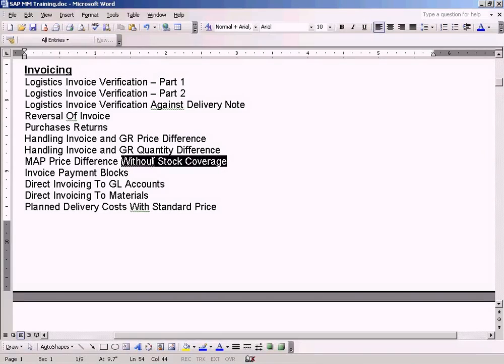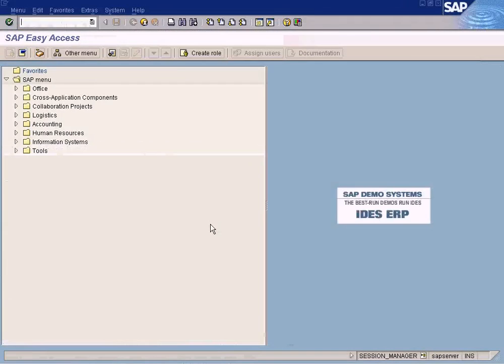Let me explain the meaning of with and without stock coverage. I'm going to check tire C to see what the balance is.